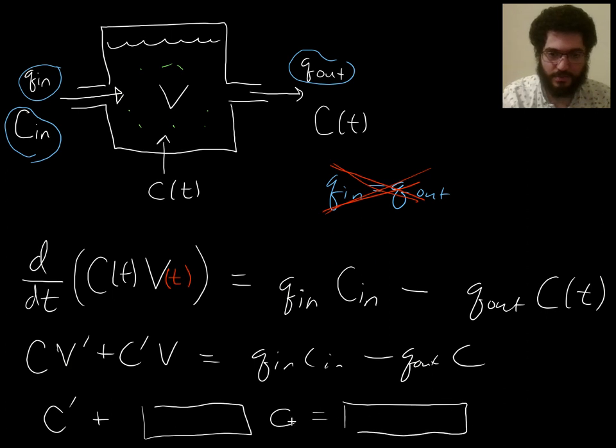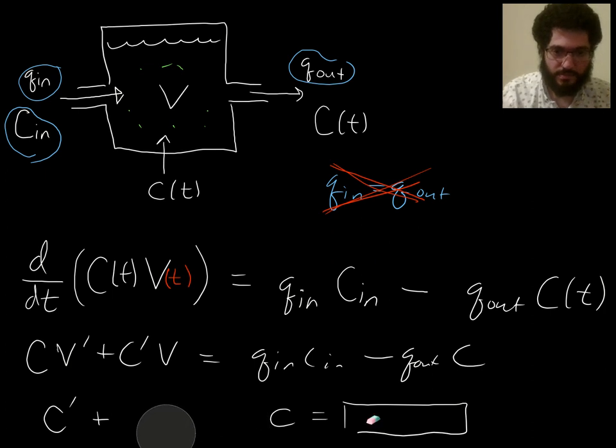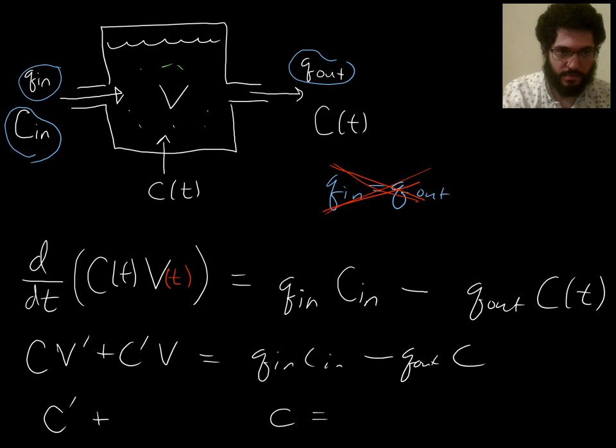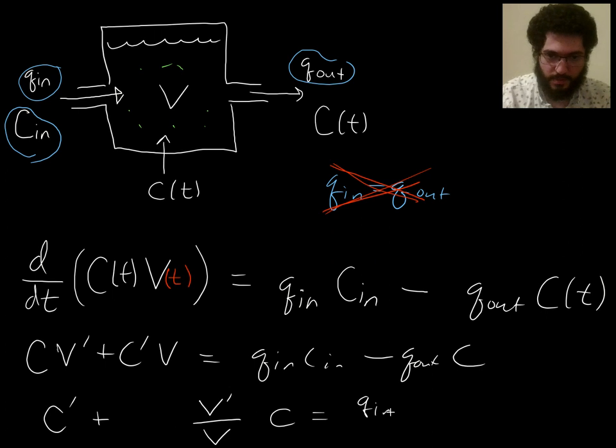And I just want to fill in what these somethings are. To get just c prime here, I just need to divide everything by v. So here I will divide by v, and I should get v prime over v for this term. And then here I get q in c in over v minus q out over v c.